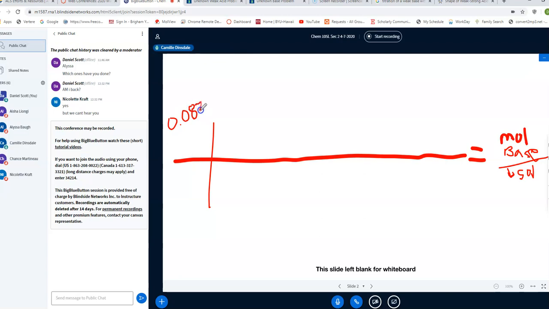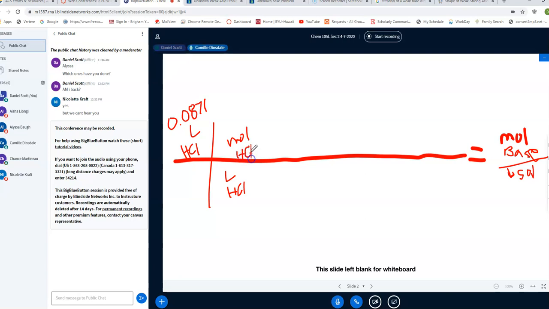Oh, that was already done. Okay, 87.1. All right, so it's 0.0871 liters of our acid. Okay, and then we go from liters of the acid to what? Where are we going to be able to go from there? Moles. That's right, moles of our acid. Do you know how we're going to get there?